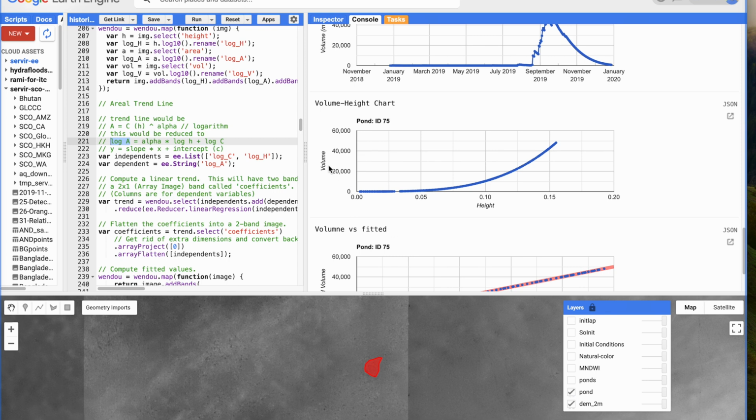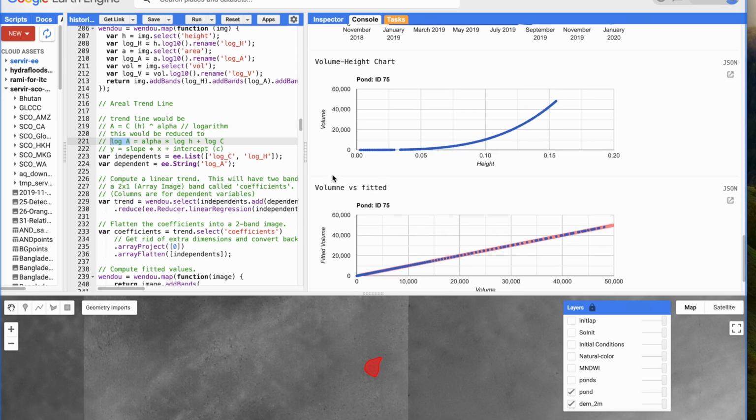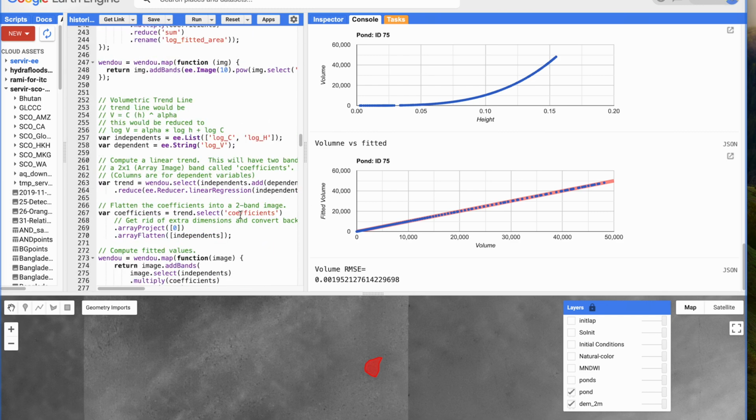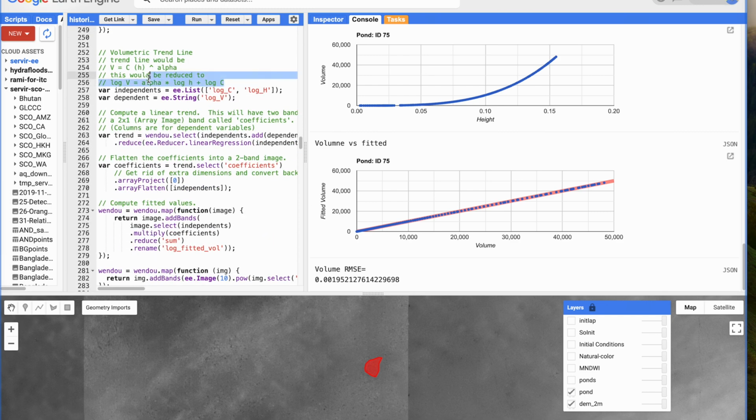Same goes for your volume as well as the height component. We discussed this just now. Your volume and the height also follow that relationship, and we again use the same approach, fitting your log volume with your log height component and getting those fitted values, and this is where those RMSE values are coming from.